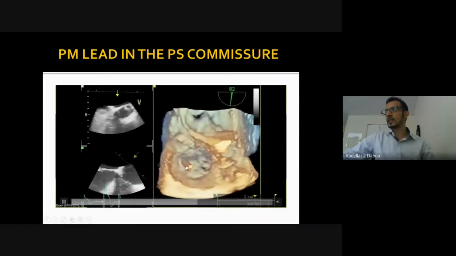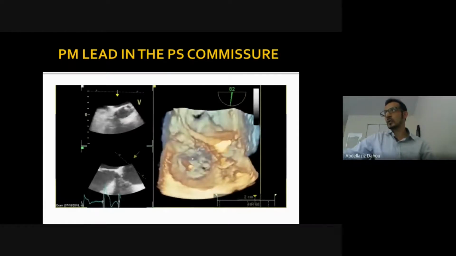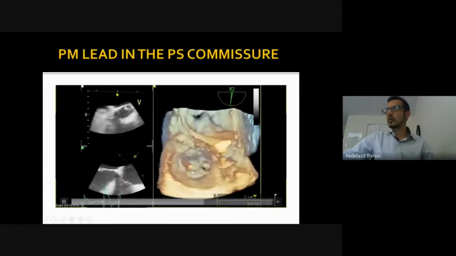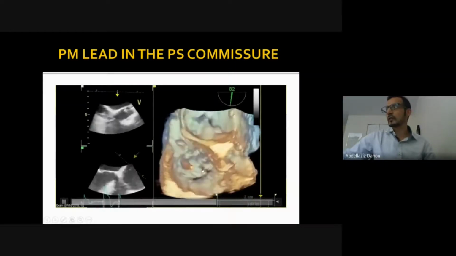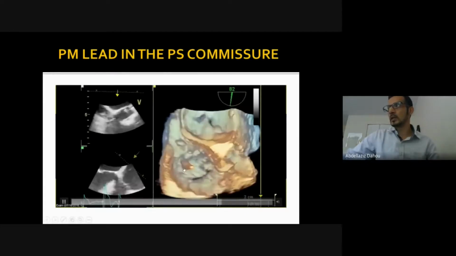You can say almost 100% that there is no interaction between the lead and the leaflet, and despite the presence of the pacemaker lead, you can repair this valve with any edge-to-edge device. It could be TriClip, MitraClip, or any other. And also we can perform annular device repair in this case, despite the presence of the pacemaker.